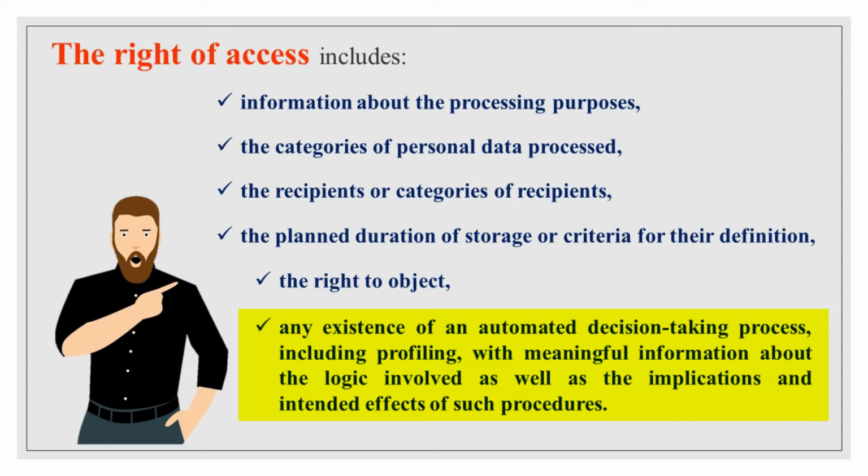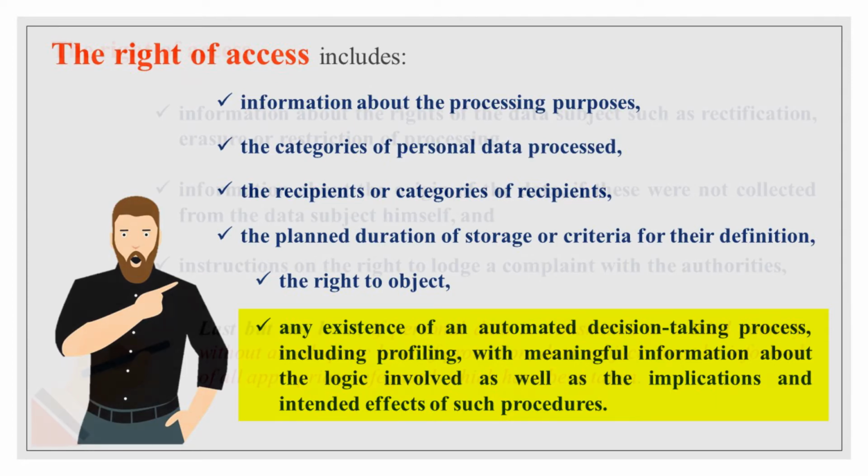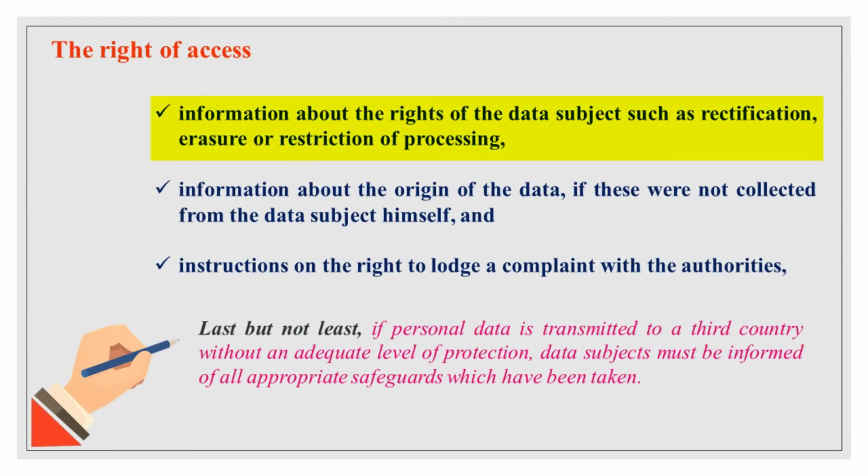Any existence of an automated decision-taking process, including profiling, with meaningful information about the logic involved as well as the implications and intended effects of such procedures. 7. Information about the rights of the data subject, such as rectification, erasure, or restriction of processing.